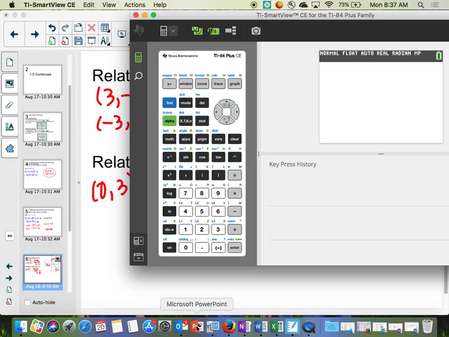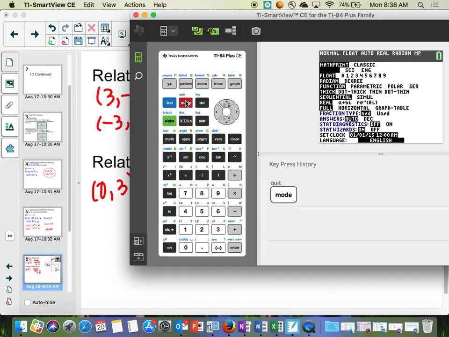Okay, so I want everyone to turn theirs on. I want everybody to go to mode, and just in case, I want you to make sure it's in function mode. If you're borrowing it from a sibling, they might have it in like a parametric or polar mode, and I don't want that for you. So just make sure function is highlighted.